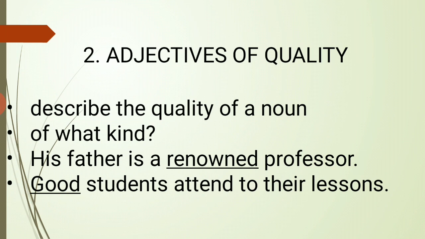They always answer the question of what kind or of what quality. For example, his father is a renowned professor. Good students attend to their lessons. So the adjectives renowned and good tell us the quality of the professor and the students. So such adjectives are called adjectives of quality.